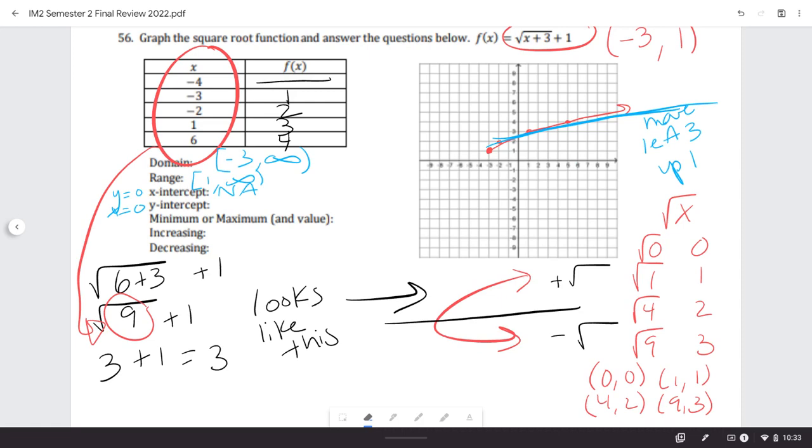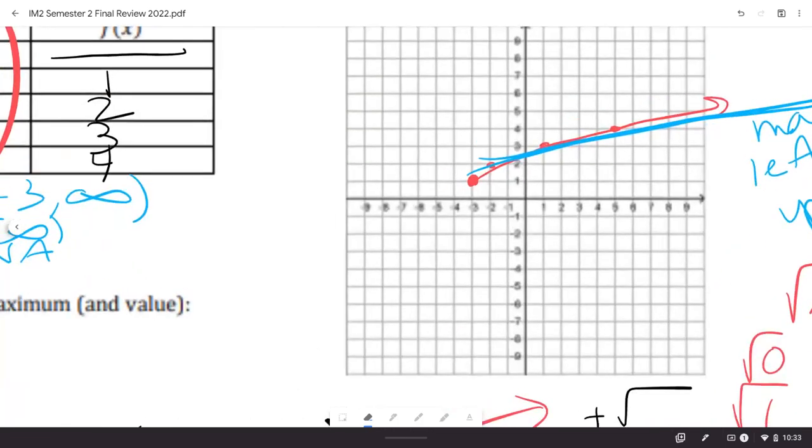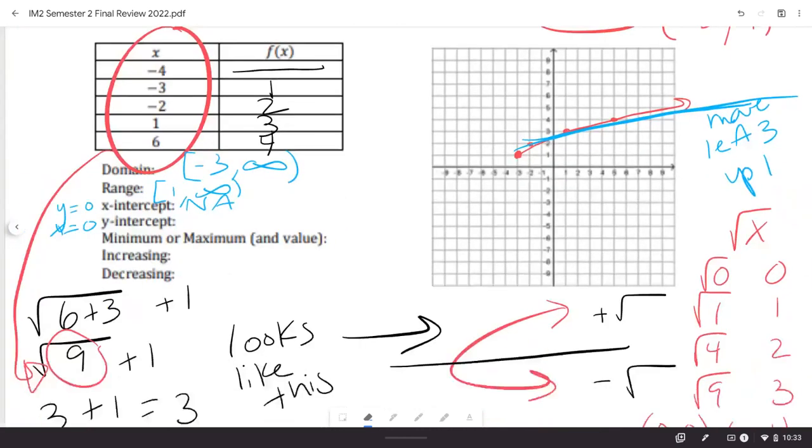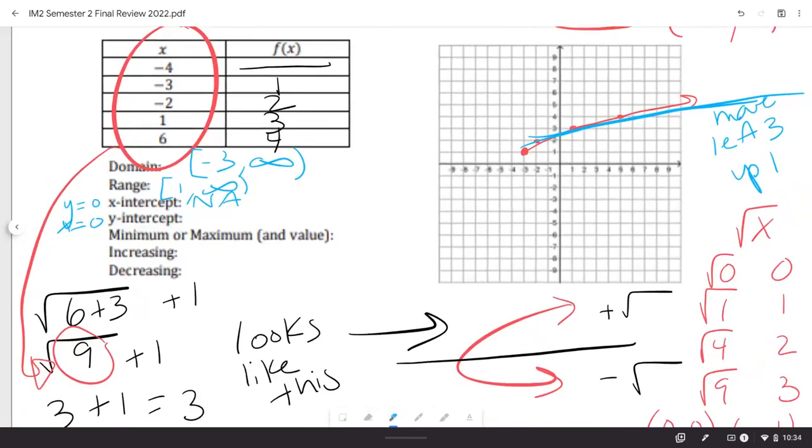So I'm actually going to have to plug that in. If you look right here, it's in between 2 and 3, but I don't actually know what that is. So I have to plug in x equals 0. So it's the square root of 3 plus 1, which would be a decimal. So let's just keep it as square root of 3 plus 1.